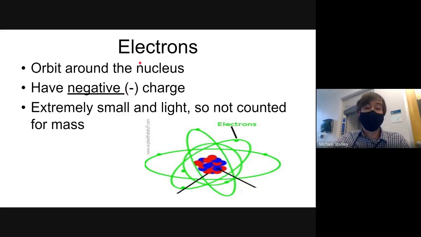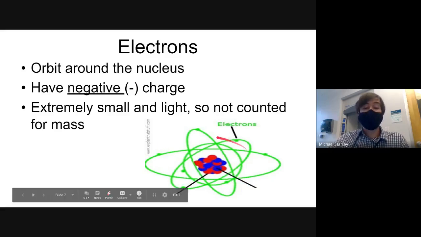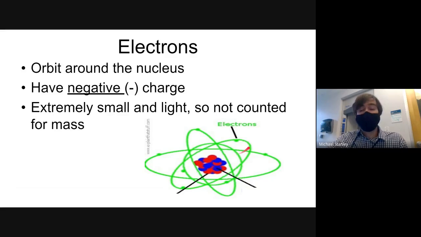So negative for electrons. Electrons are these little minus charges that are floating around outside of the nucleus. So we've got our positive protons and our neutral neutrons clumped together in the nucleus here. And then we have our negative electrons zooming around the outside.